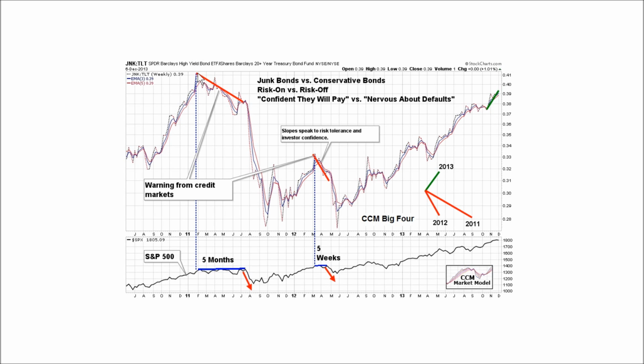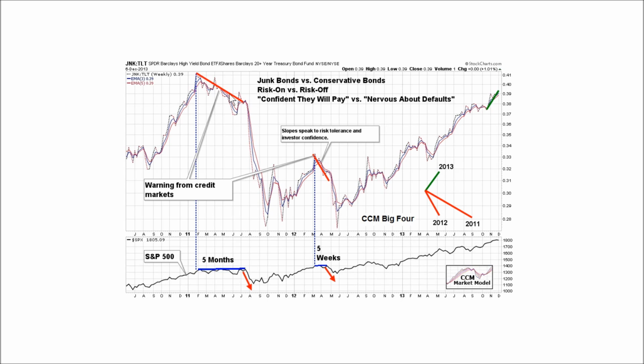You can see here the ratio starts to fall 5 months before this plunge in the S&P 500. In 2012, the ratio is falling, clearly waving warning flags in the credit markets 5 weeks before this sharp drop in the S&P 500.